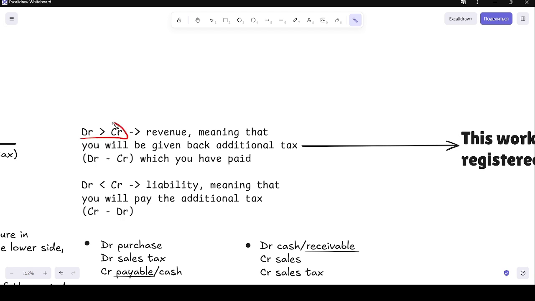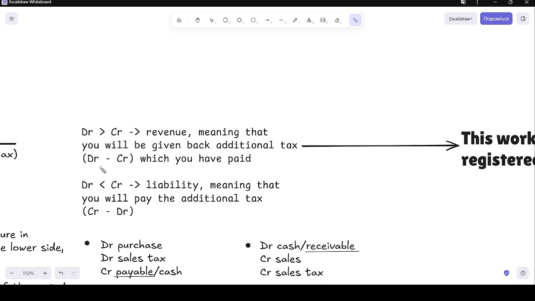If our debit side is higher than the credit side, it will be revenue or a contra account on liability, meaning that you will be given back additional tax which you have paid because of the purchases that you made.